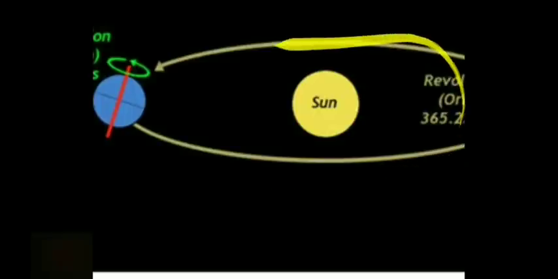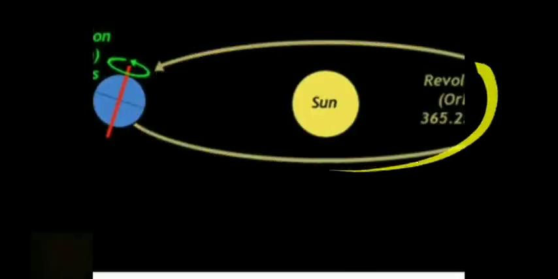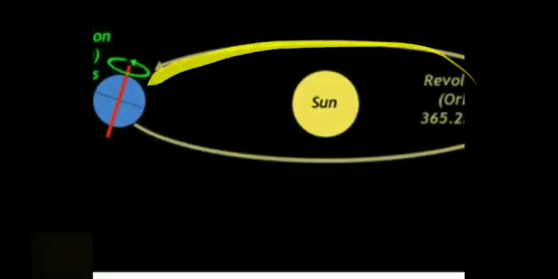It has its own orbit. So the movement of the earth around the sun is known as revolution. But as it is moving around the orbit, it is also known as orbital motion.